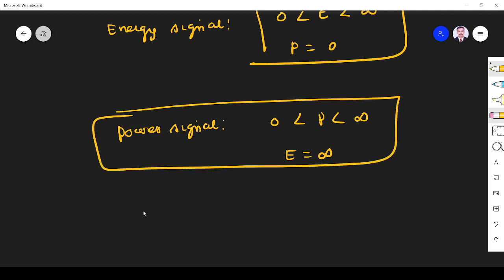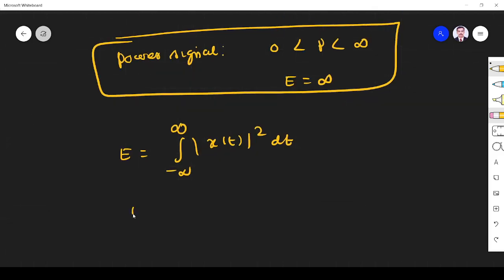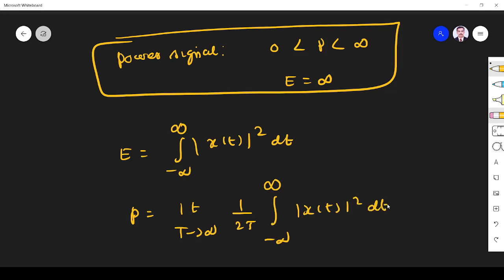So the energy of a continuous time signal is given by the integral from minus infinity to plus infinity of mod x of t whole square dt.